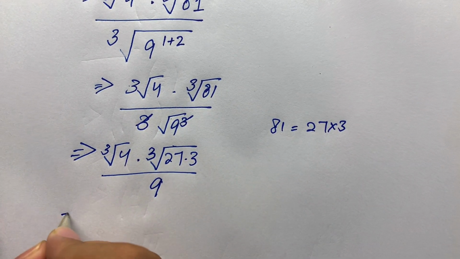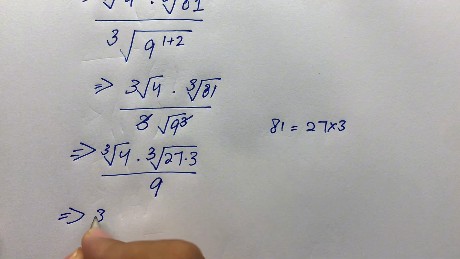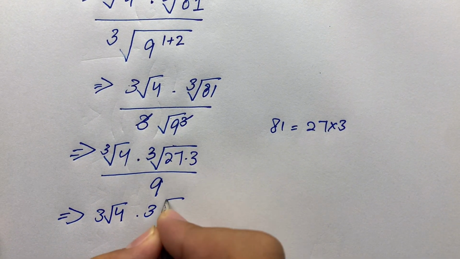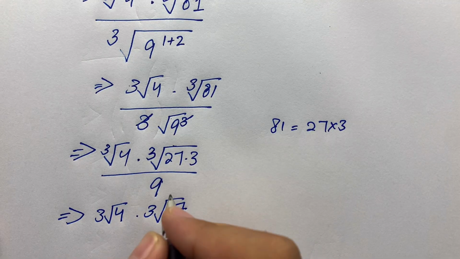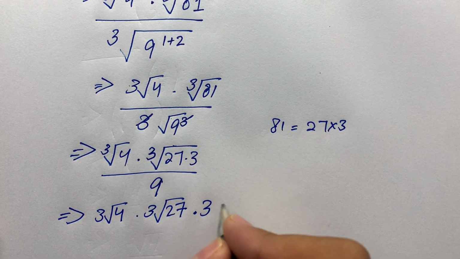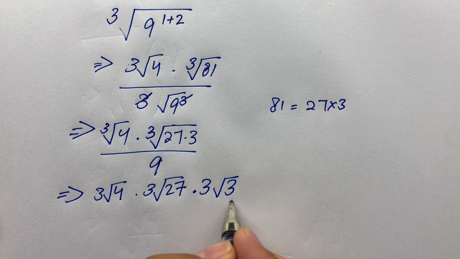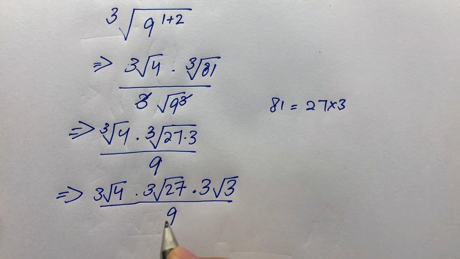So in next step, 3 into under root 4 into 3 into under root 27 into 3 into under root 3 divided by 9.